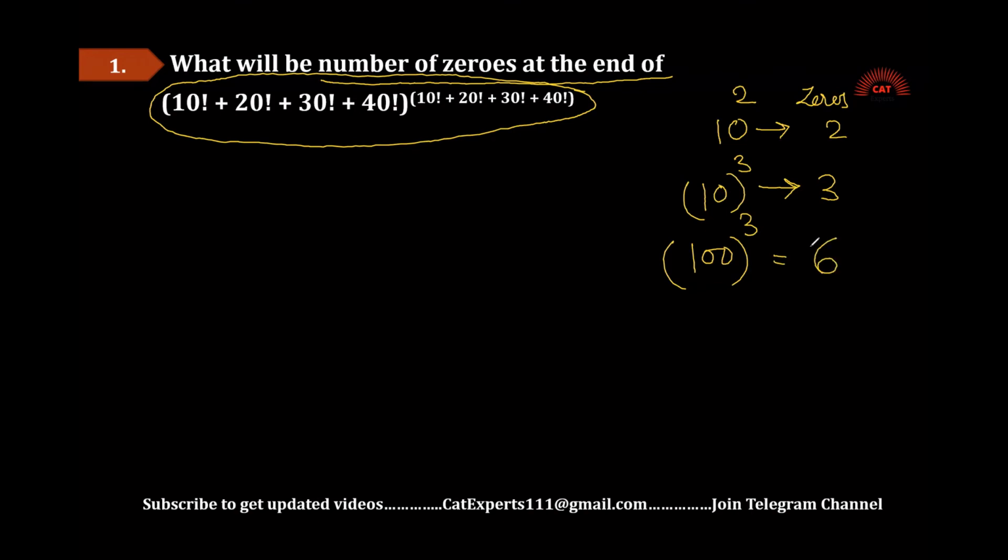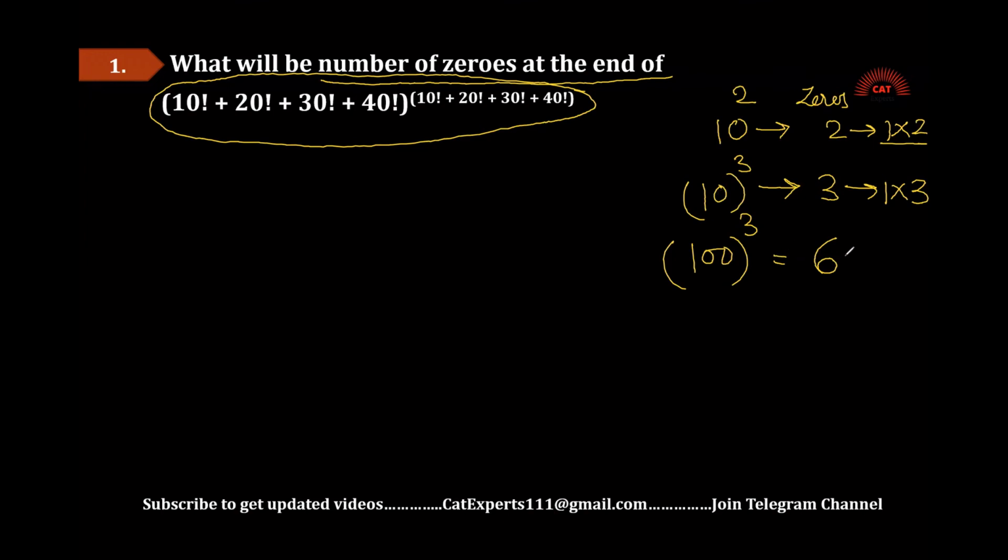This is a very easy concept. How can I get this answer as 2? Just see the number of zeros in the base, 1, multiply by power, 2. That will give me the answer as 2. Over here, number of zeros in the base 1 into power 3, I will get 3 zeros in the expansion of 10 cube.